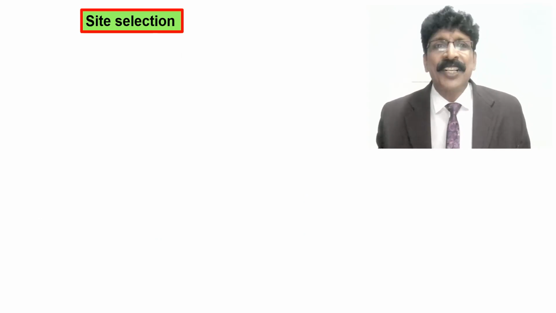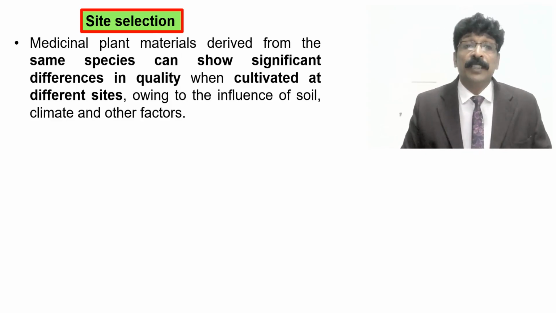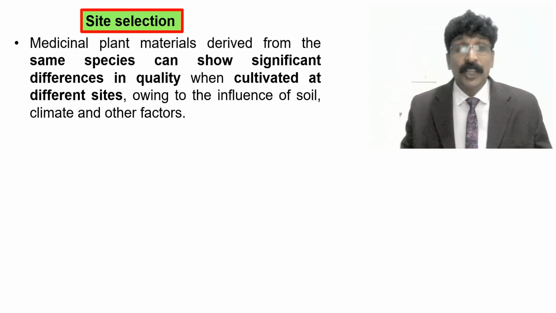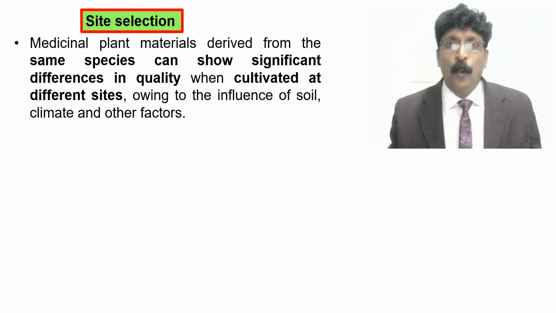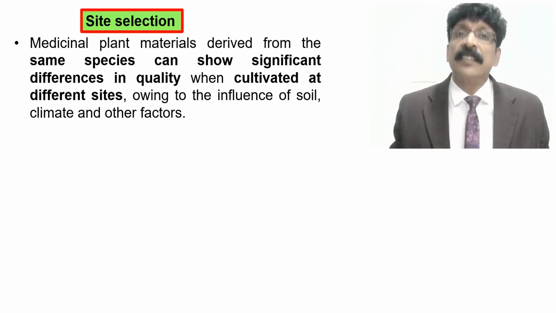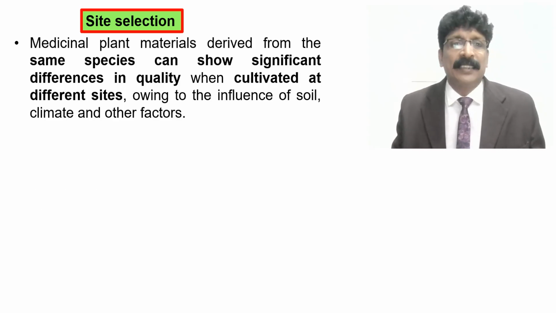Site selection. Medicinal plant material derived from the same species can show significant differences in quality when cultivated at different sites owing to the influence of soil, climate, and other factors.